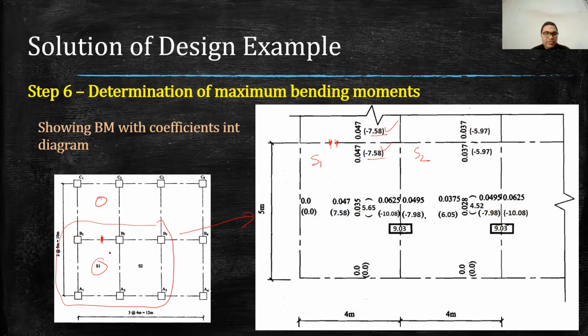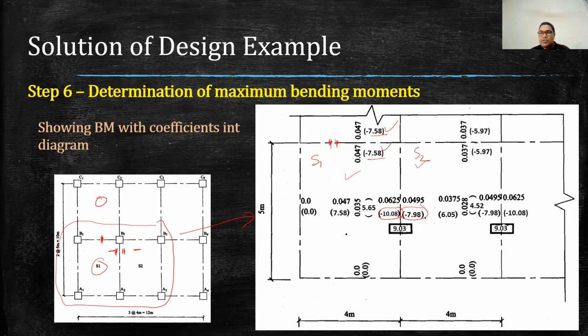But because you can see this slab and this slab are not identical, the bending moment when we calculate for S2 at this edge is different, and bending moment for S1 at this edge is different, which is minus 10.08 for this case and minus 7.98 for this case.